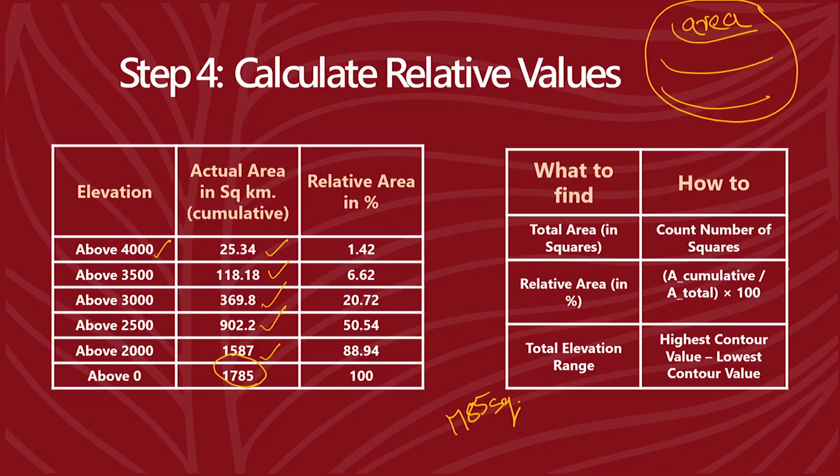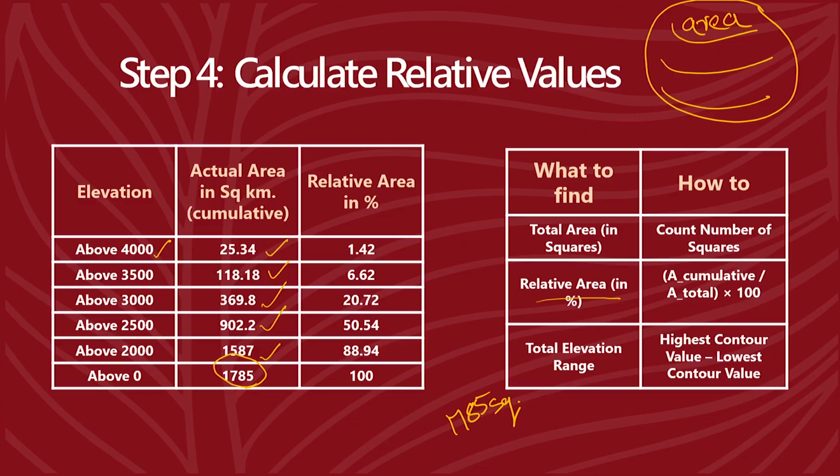So, what we want to find now is the relative area, and to find the relative area, this is going to be marked in percentages. What we do is, we take the cumulative value, which is 25.34, then we divide it by the total value, and whatever value we arrive at after this calculation, we multiply that with 100.